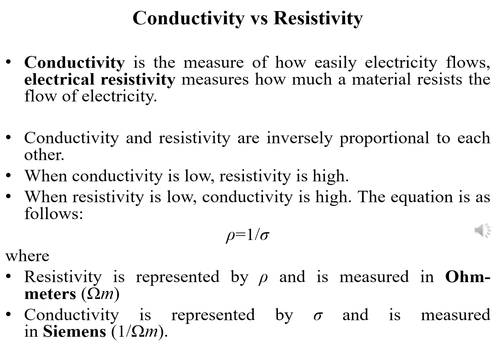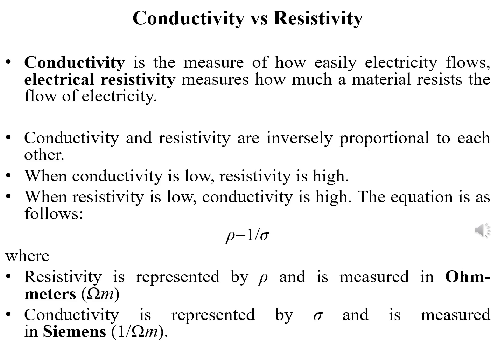So when conductivity is lower, then resistivity will be higher. And in the same way, when resistivity is lower, then conductivity will be higher. So if any material has low resistivity, its conductance will be more.